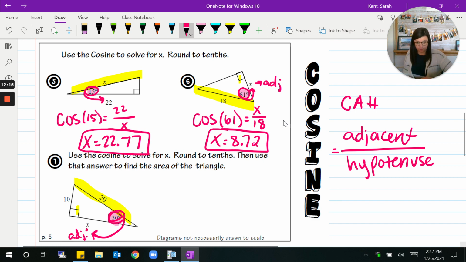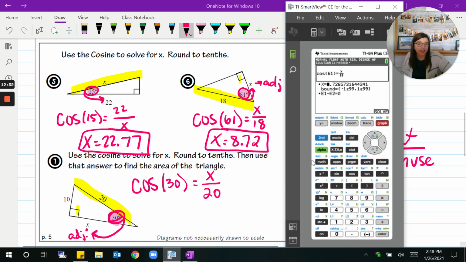Since it's adjacent and hypotenuse, we want cosine of 30 equals adjacent over hypotenuse, so x over the hypotenuse of 20. So again, calculator, math up, enter, cosine of 30, and then x over 20. Alpha graph, we get 17.32.